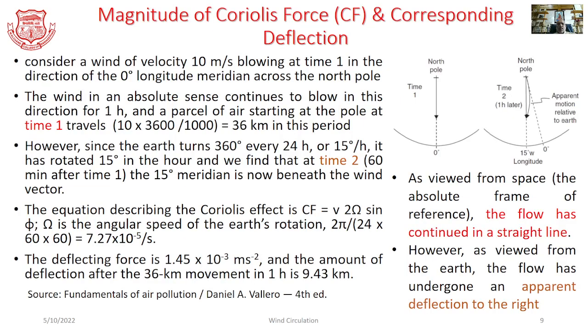Let's try to understand the magnitude of the Coriolis force and corresponding deflection. Here we are taking certain example. Let's consider wind velocity of 10 meter per second blowing at say time 1 in the 0 degrees longitude meridian across the north.